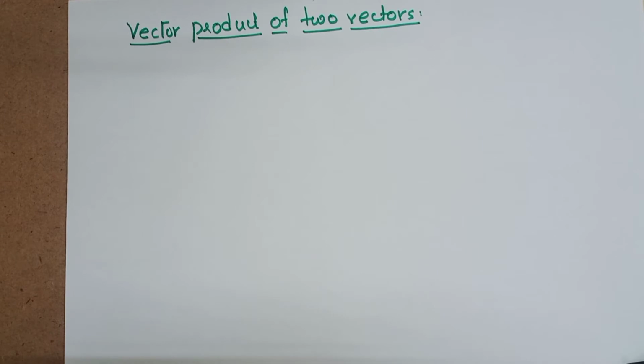We need to know the properties of the cross product, how to calculate the vector product, and how to find the direction of the resultant vector. We shall see one by one.